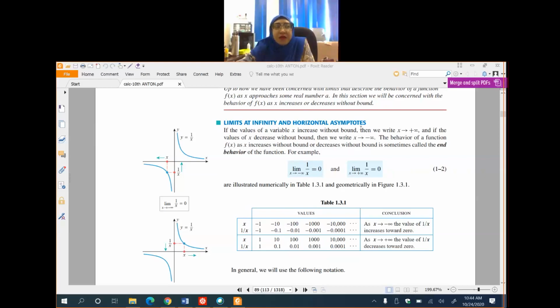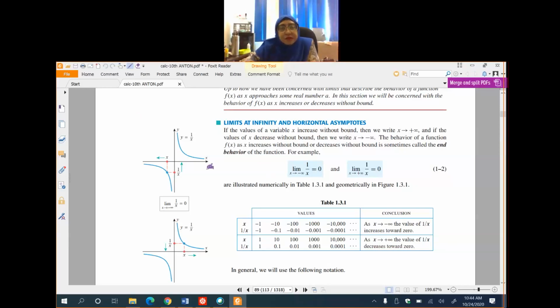I think last week we discussed vertical asymptotes, right? So for these reciprocal functions, we note that it has horizontal asymptotes as well as vertical asymptotes.